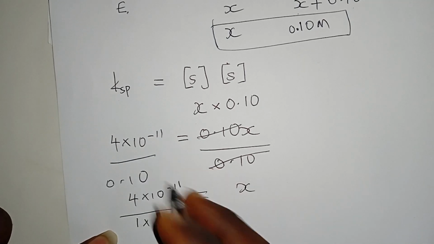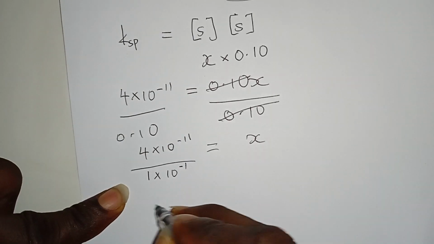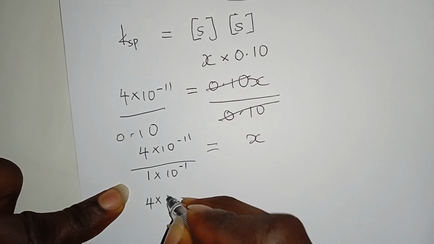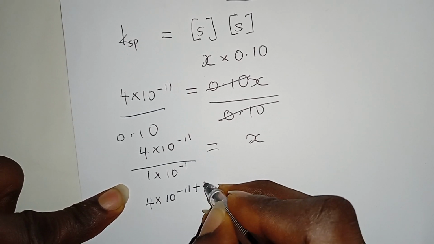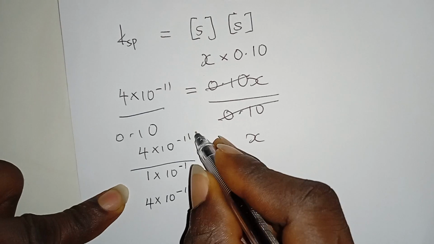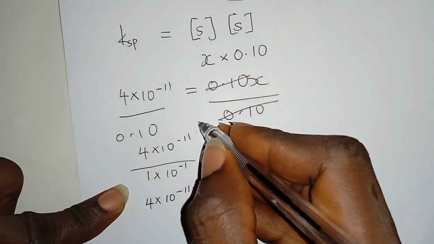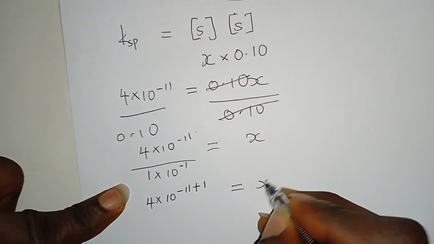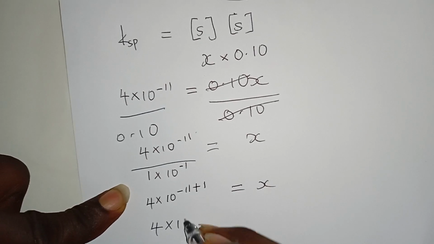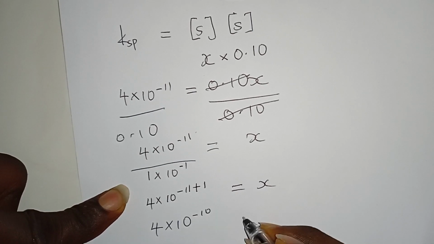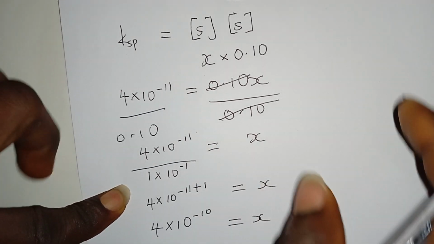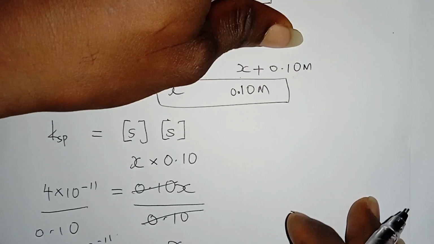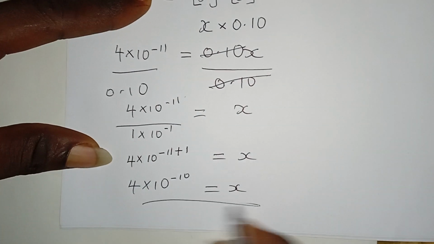So when this crosses over, it is the same thing as 4 times 10 raised to the power minus 11 plus 1. That is minus 10. So this becomes 4 times 10 to the minus 10 equals x. So this is our final answer.